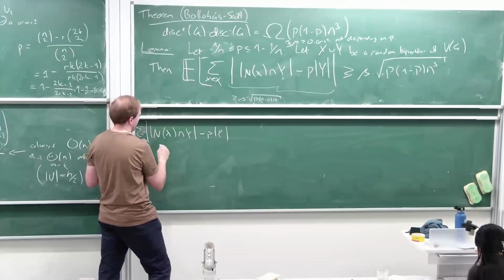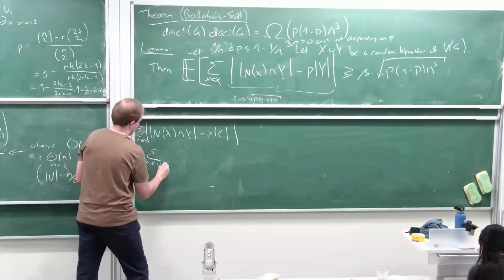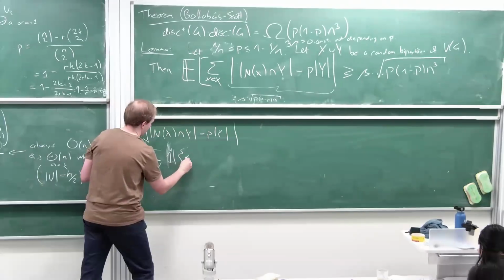So this sum is the same as summing over all the vertices.